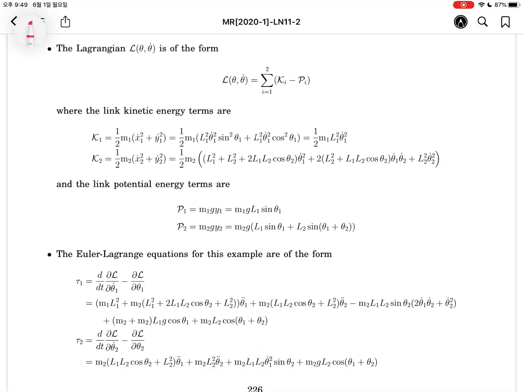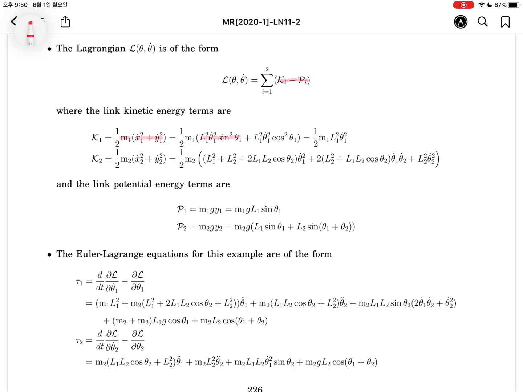Okay, maybe you know the Lagrangian. The Lagrangian is composed of the kinetic minus the potential energy. It has two point masses, so it has two terms. In the case of link 1, mass 1, the kinetic energy is 1/2 m1 (x1 dot squared plus y1 dot squared). x1 dot is equal to L1 sine zeta 1 dot.